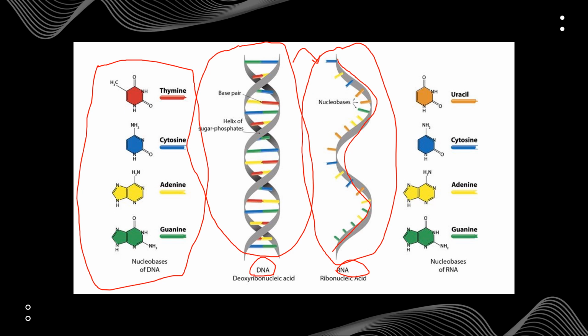Each strand has one and it pairs with the other on the other strand. Thymine always pairs with adenine, and cytosine pairs with guanine. That's how they pair in DNA.